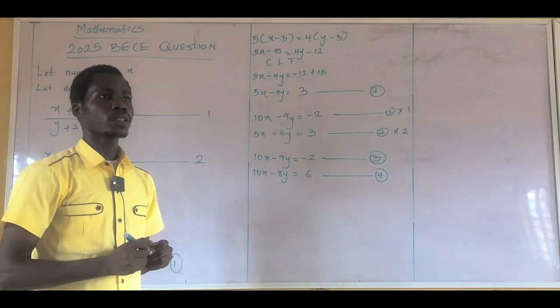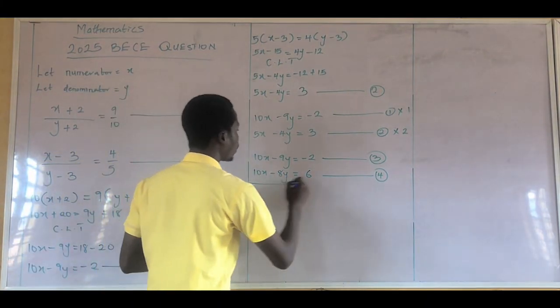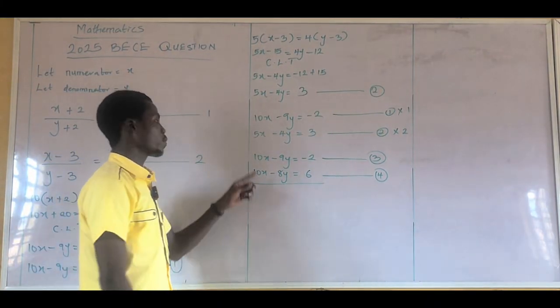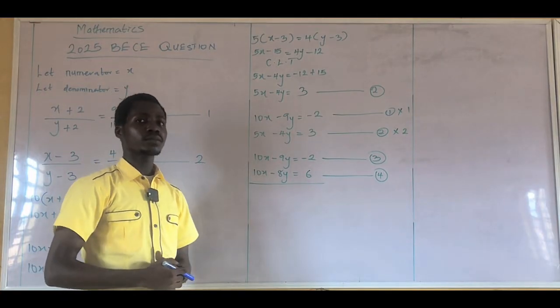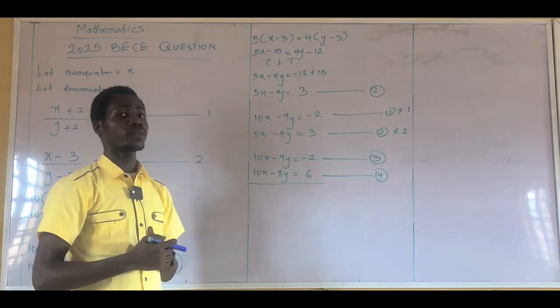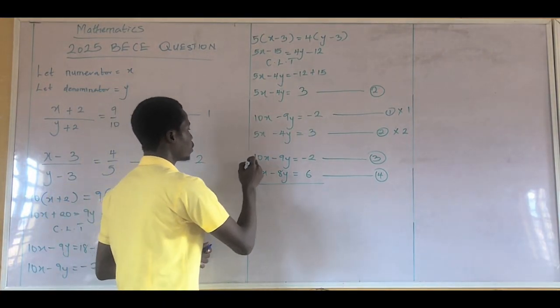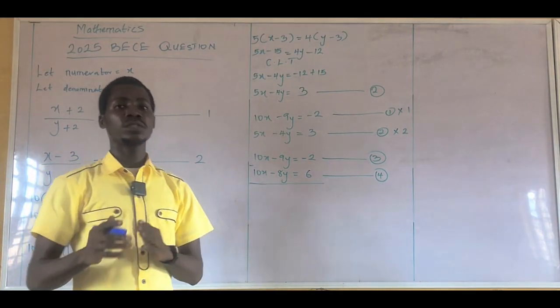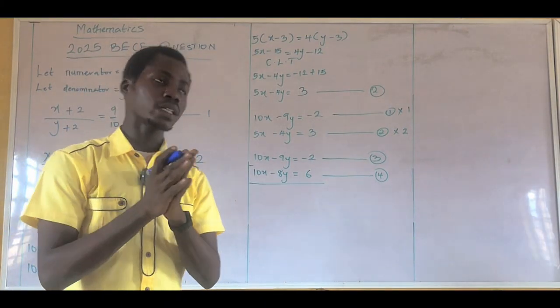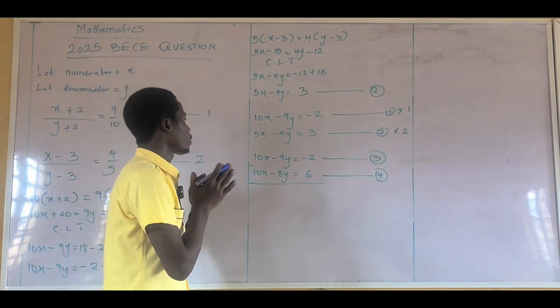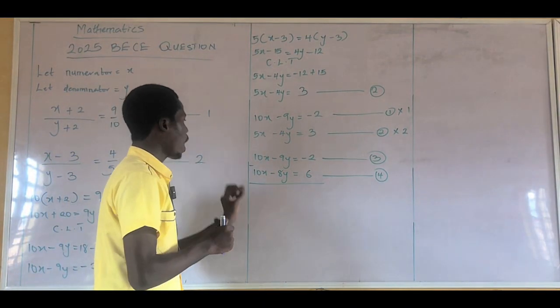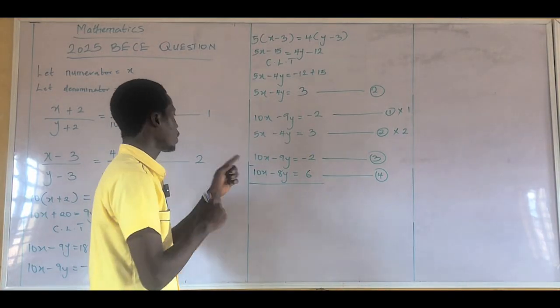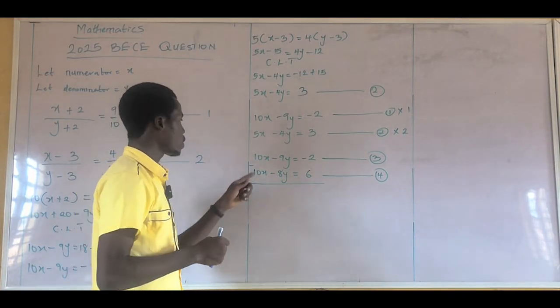Are we together? Now you would realize that we have the same coefficients for the value of x here. So that means this is very much easier for us to eliminate. So we are going to do this minus. We have to subtract in this case to eliminate our x. But in case you have something different, sometimes it might not all the time be minus.